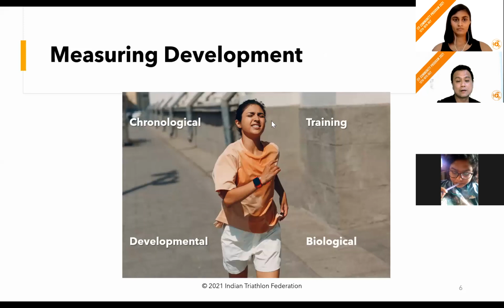Now, there is a portion on when we talk about measuring development. So just as a recap with Dr. Rekka's presentation on long-term athlete development, we need to take into consideration these 4 different development types. So if you are born in 1991, how old would you be right now?